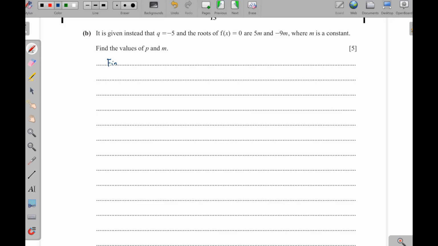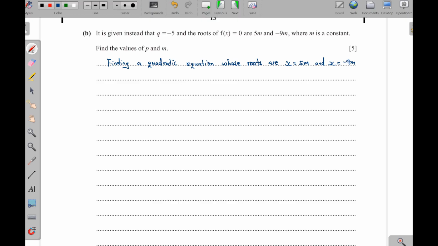Finding a quadratic equation whose roots are 5m. In fact, let me say x is equal to 5m and x is equal to -9m.